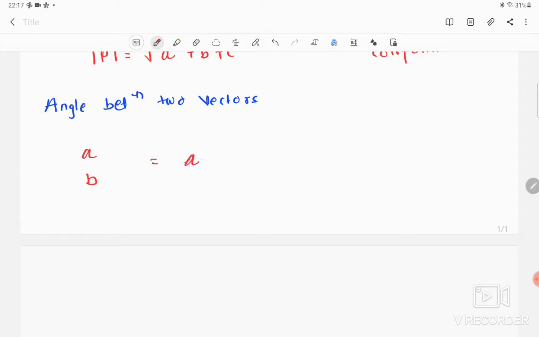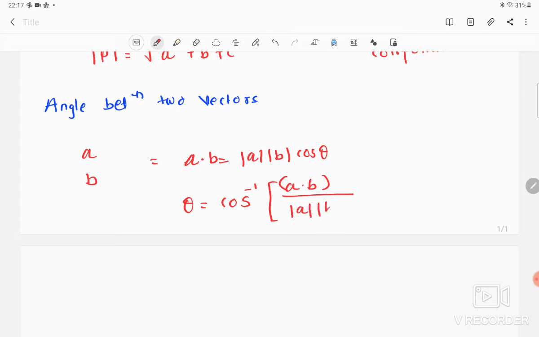A dot B is equal to magnitude of A times magnitude of B times cos theta. This is the standard formula. And how can we find the angle? Rearrange this formula: theta is equal to cos inverse of A dot B divided by magnitude of A times magnitude of B. So this is the standard formula to find the angle between two vectors.